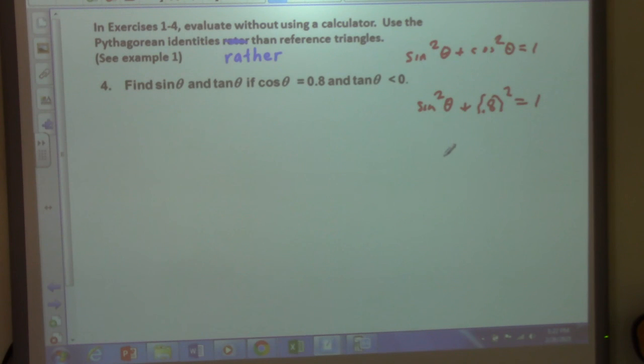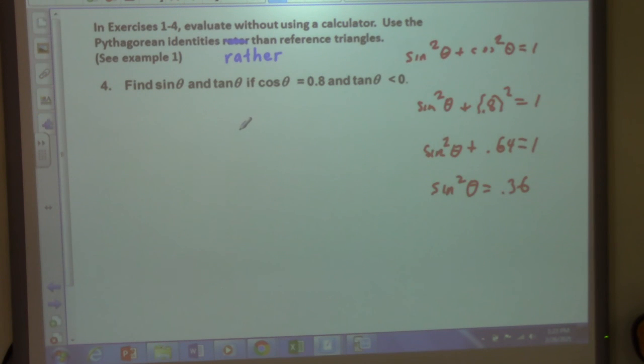So, by the way, I'm remembering some of this from 5th period. So we have sine squared theta plus, that's going to be 0.64, right? Equals 1, and subtract out. So 1 minus 0.64, so it's going to be 0.36.